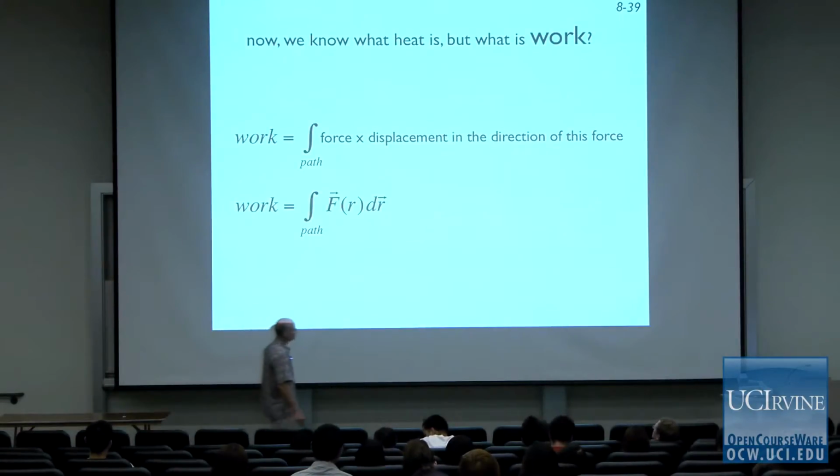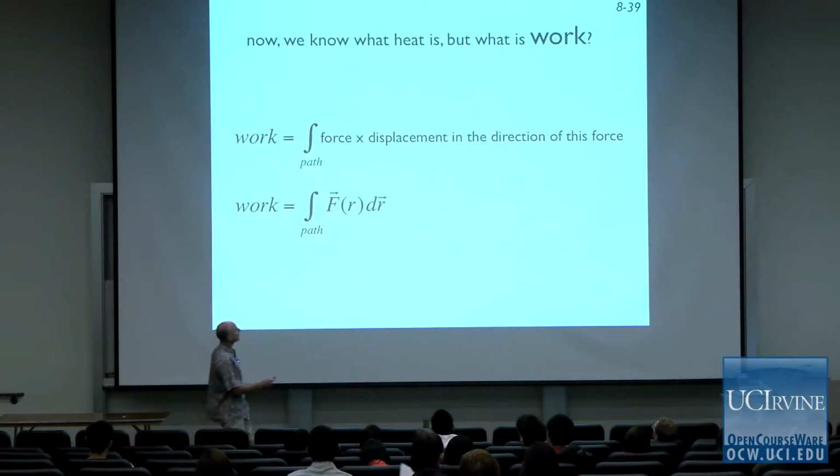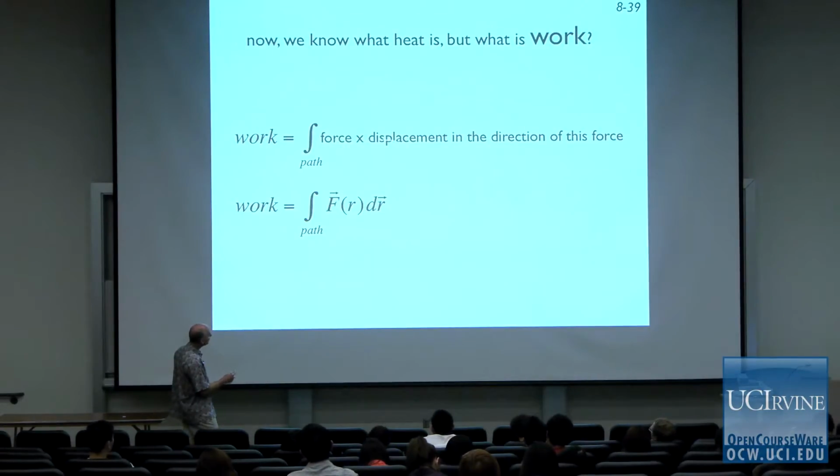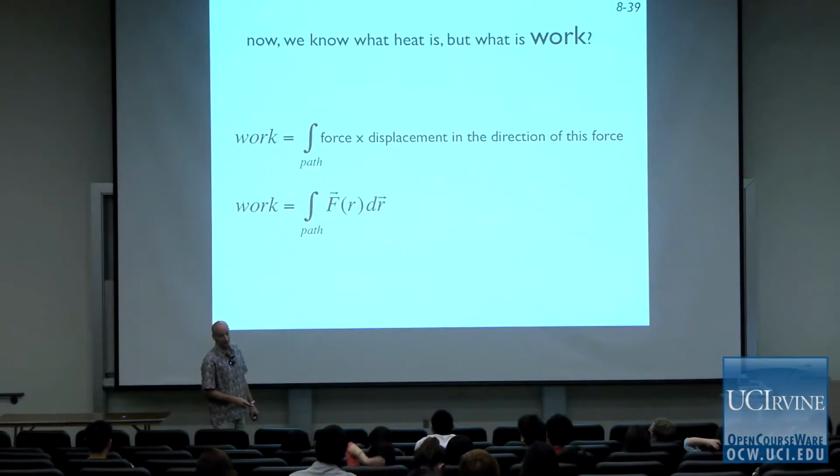Now, we know intuitively what heat is. We've encountered it. We have an intuitive feel for what it is. What's work? It's a little more abstract than heat. It is, technically speaking, the force with which we act on the system multiplied by the displacement in the direction of this force.